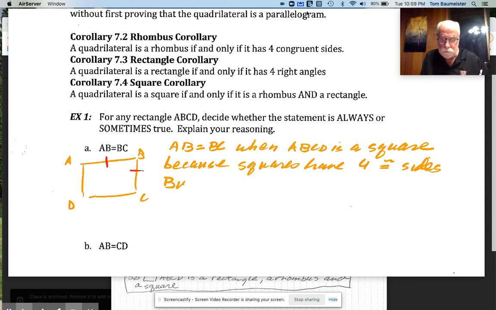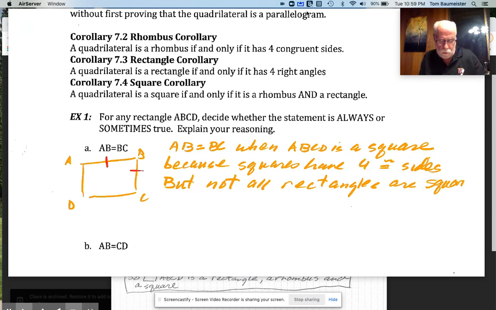But not all rectangles are squares. So this one is sometimes true.